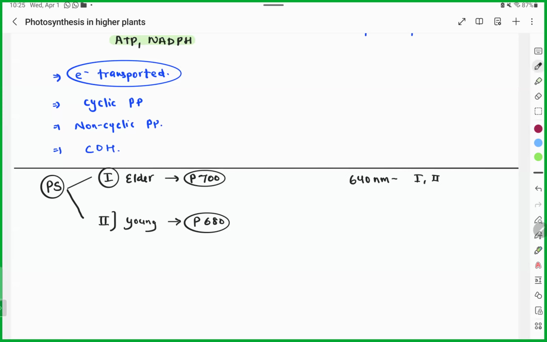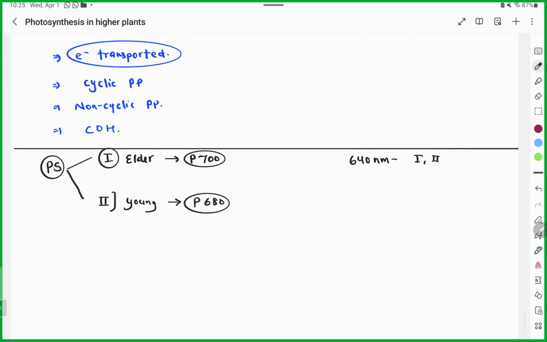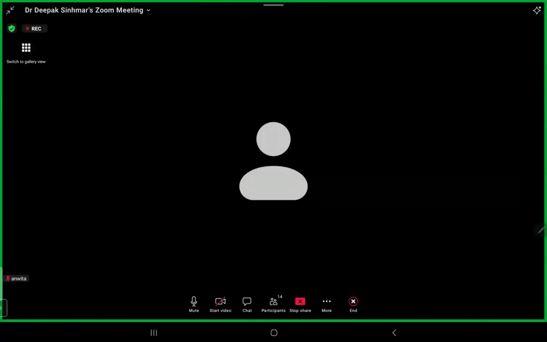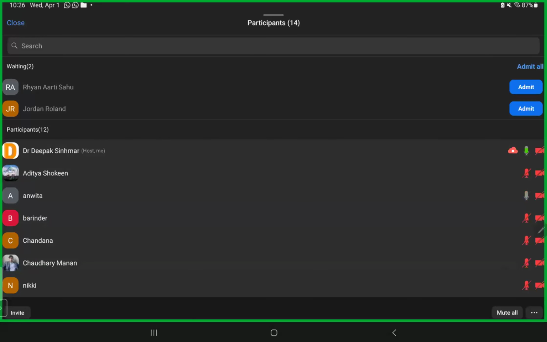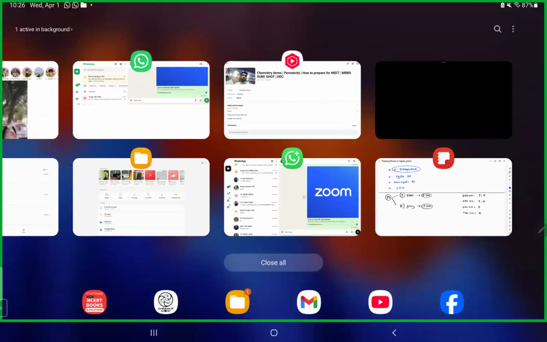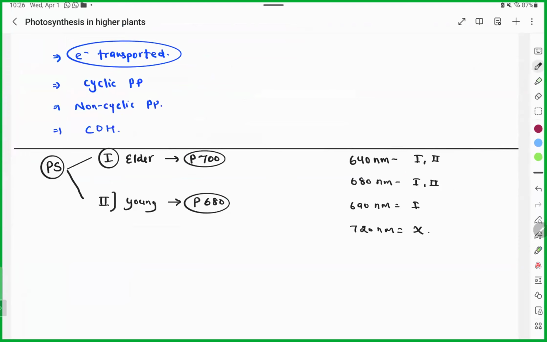If you have 680 nanometer, both 1 and 2 will work. If you have 690 nanometer, only photosystem 1 will work. And if you have 720 nanometer light, no one will work. Correct? Understood this part? No one will work at 720.